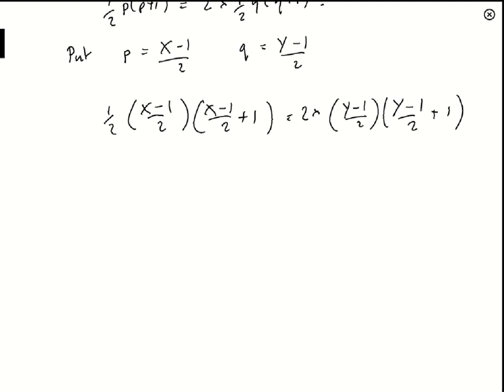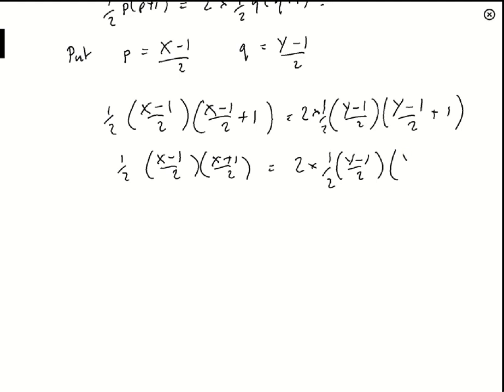Okay, so that turns into x minus 1 over 2, that turns into x plus 1 over 2, equals 2 lots of y minus 1 over 2 times, sorry, there's a half missing, y plus 1 over 2.